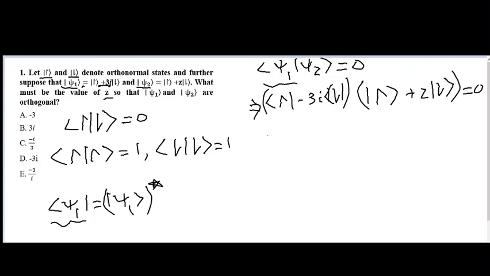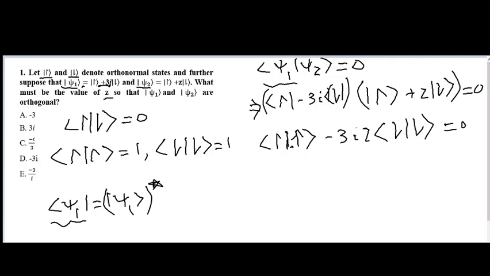Now evaluating this product as up state with the corresponding ket vector of up state and minus 3 iota times z with down state as down state, this is equal to 0. Only these two terms will survive.